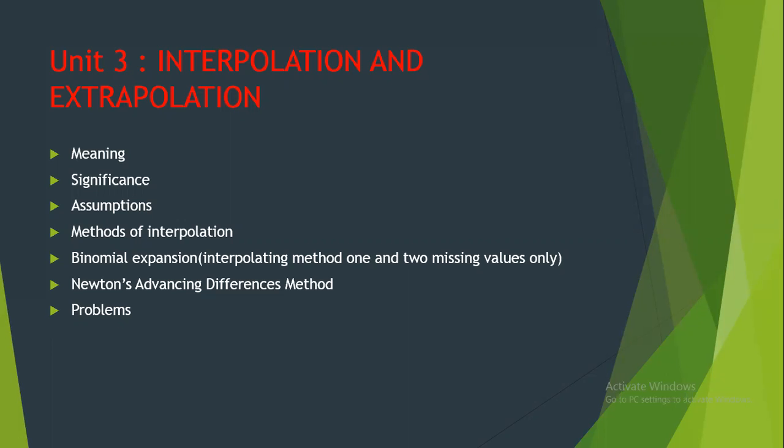What is meant by interpolation and what is meant by extrapolation? Here in this unit we discuss the meaning, significance, assumptions, methods of interpolation, binomial expansion, Newton's advancing differences method, and moreover the problems. Here in the third unit, we are discussing interpolation.